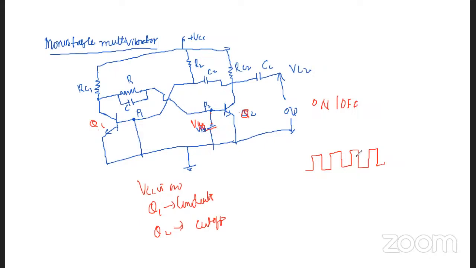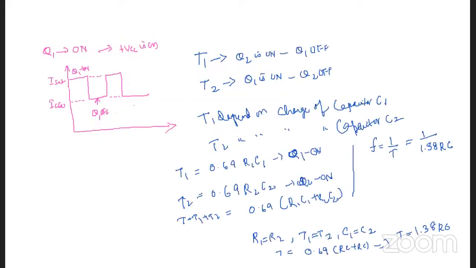In this case, we have to give the pulse here. Whenever we give the external trigger pulse, it is going to be moved from the on to the off position, and again from off to on position. In the case of the astable multivibrator, it doesn't require any external trigger pulse.